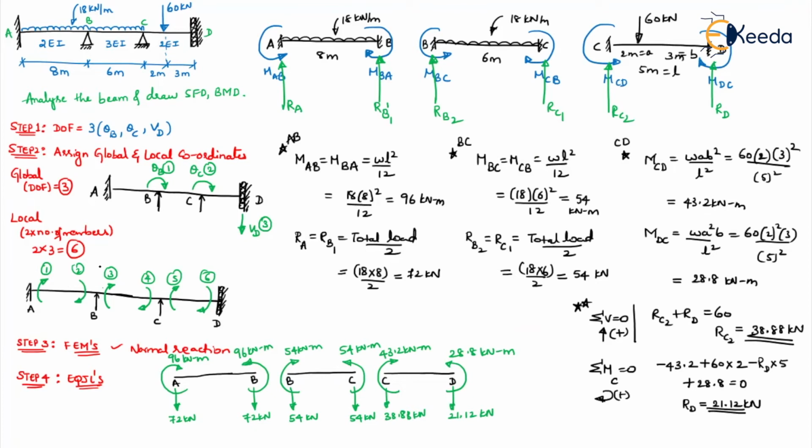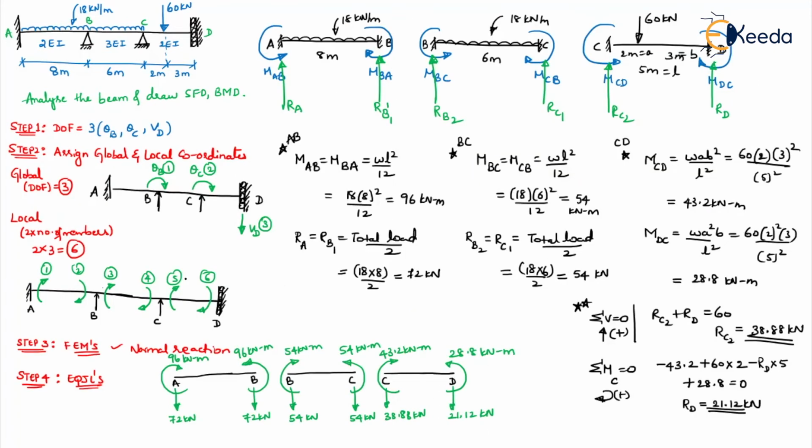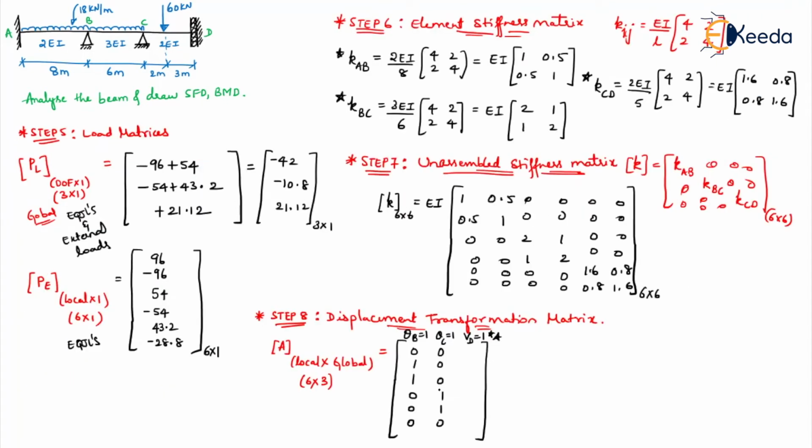So at b what do you have? 2 and 3 will have values. When you are applying at c, 4 and 5 will have the value equal to 1. So here 0, 1, 1, 0, 0, 0. Here 0, 0, 0, 1, 1, 0. So this is at 4 and 5.